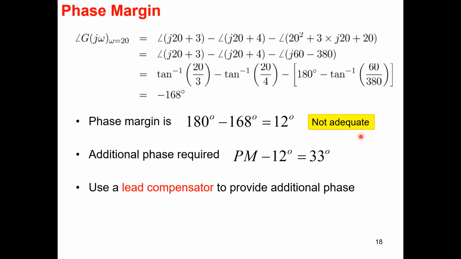You need to add phase to the plant at 20 radians per second. The additional phase you require is the required phase margin minus what is existing, that is 33. You need to add 33 degrees of phase at 20 radians per second to the plant.